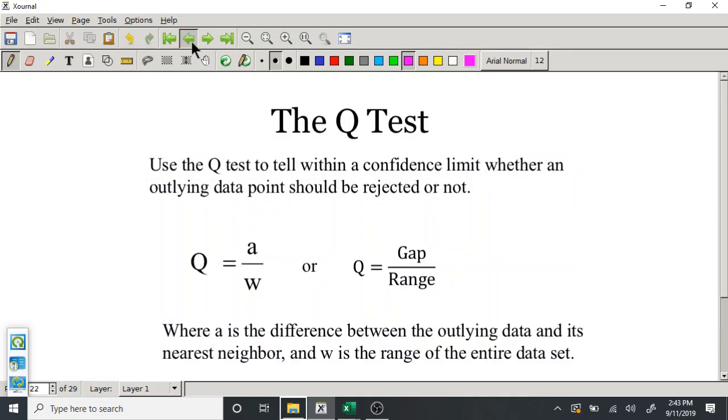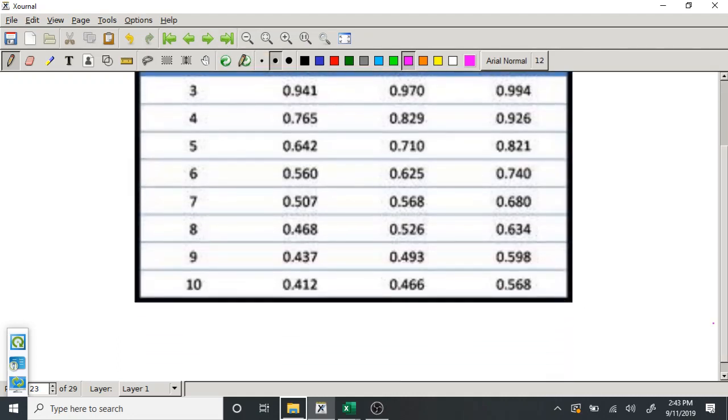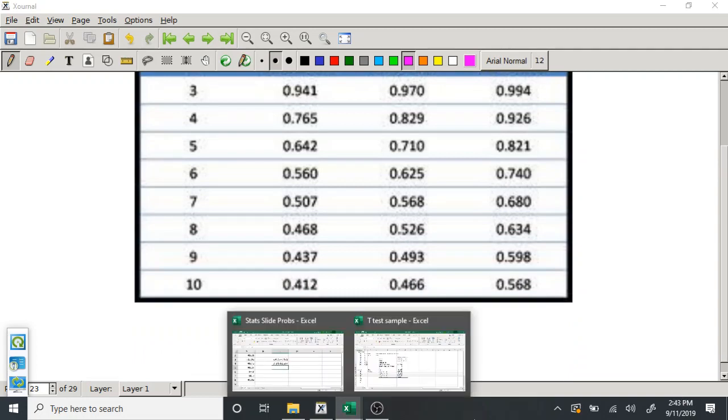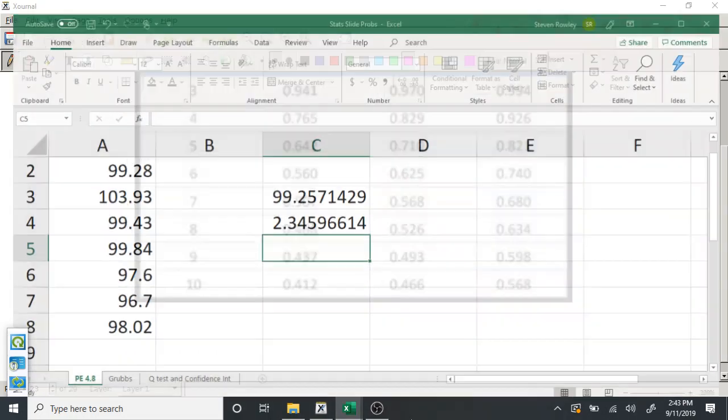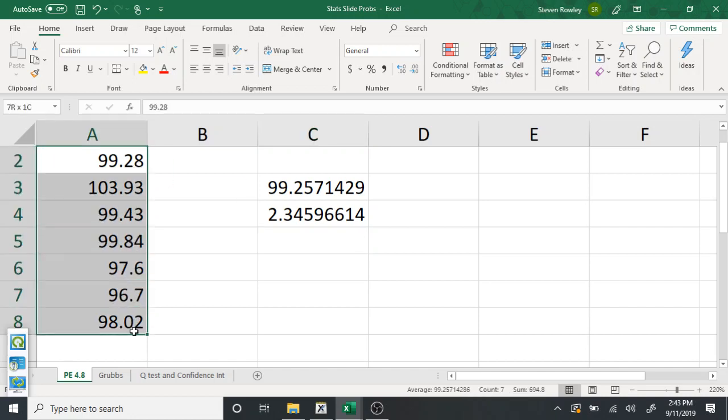Let's go back to our data on the spreadsheet. That's easier. How do I evaluate Q for this data? Should I throw out that 103? One of the easiest things to do, first of all, is to select your data and sort it. So we'll sort smallest to largest.